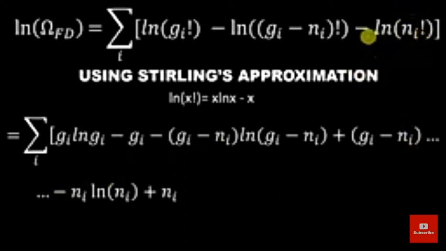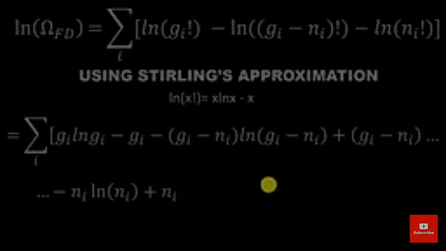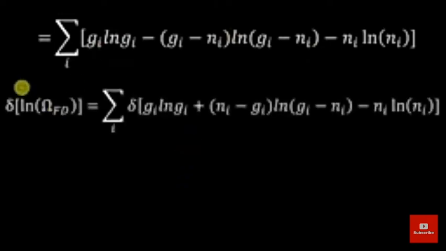And in here we have log of ni factorial, minus ni log of ni, here it's minus minus, so plus ni. So we have this after applying the Stirling approximation. Now see that this gi and gi cancel each other, ni and ni cancel each other. So we have this thing left in here.